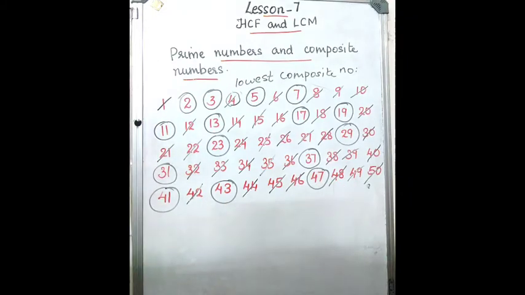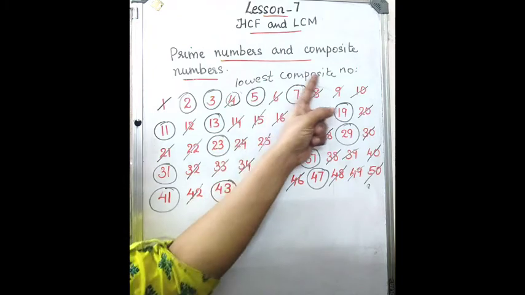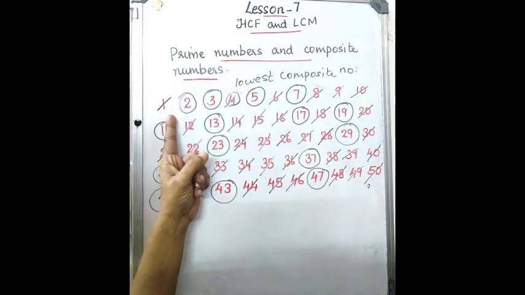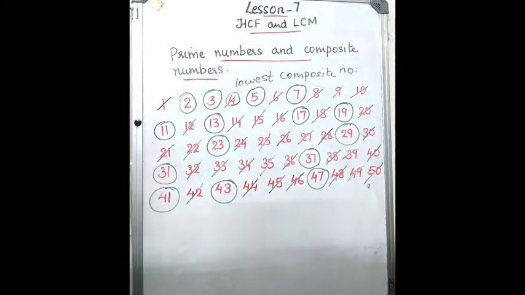All other numbers are composite numbers. 4 is the smallest composite number, 2 is the smallest prime number.